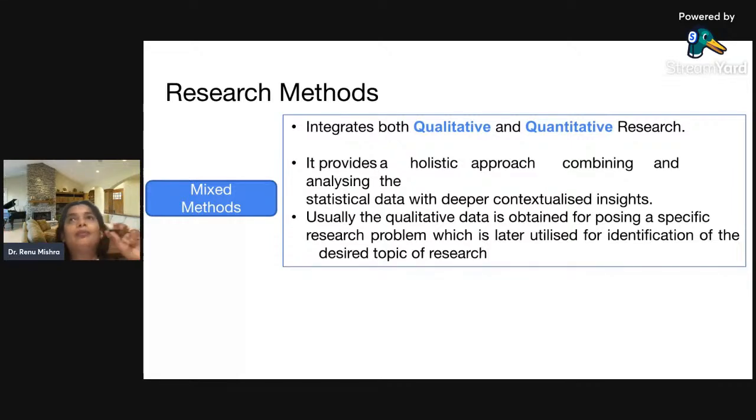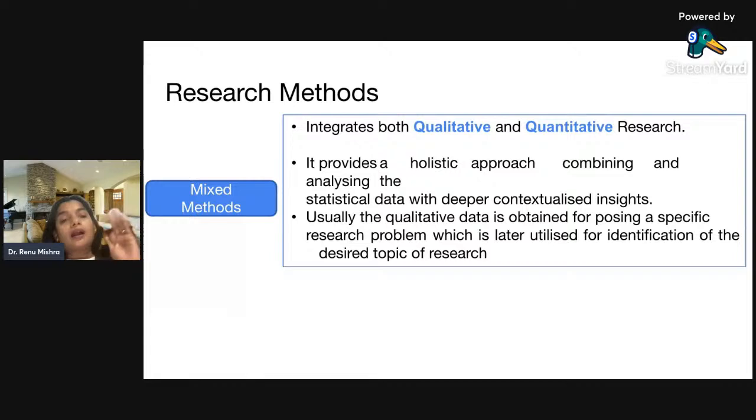Now, mixed method is generally desirable. It gives you more concrete results. However, it is time consuming as well. More concrete results does not mean that either quantitative research or qualitative research should not be done.